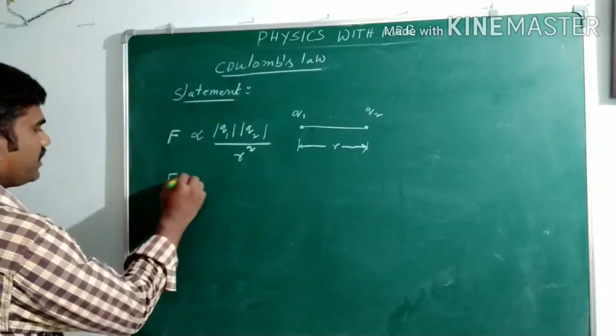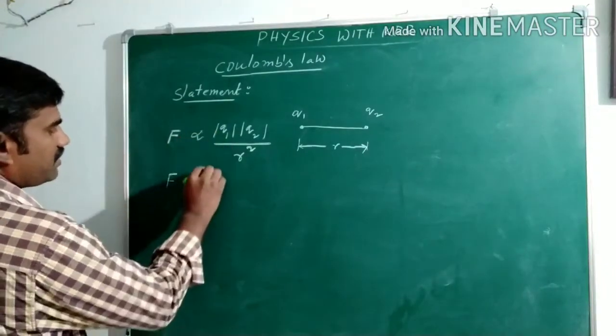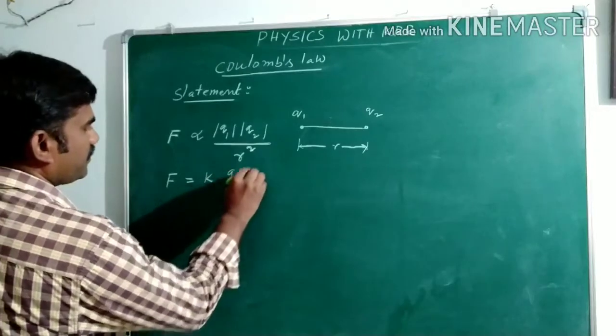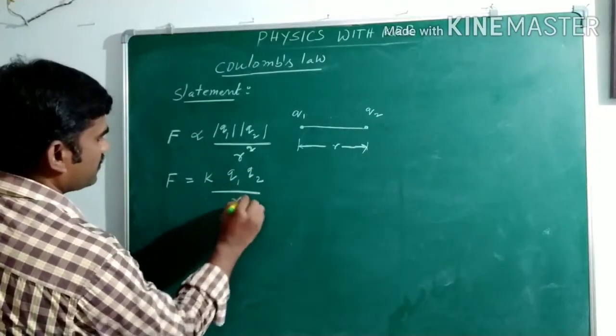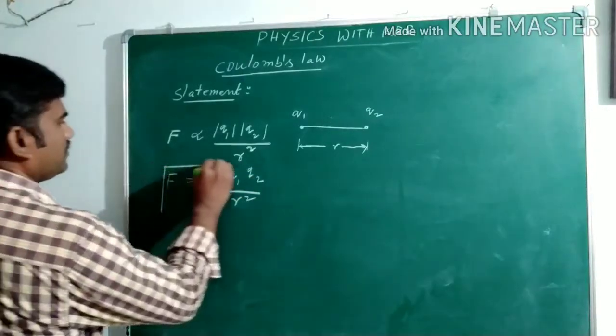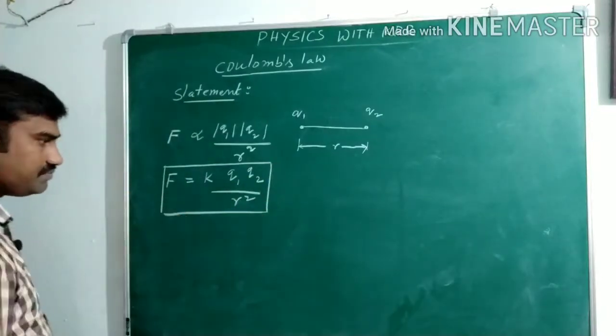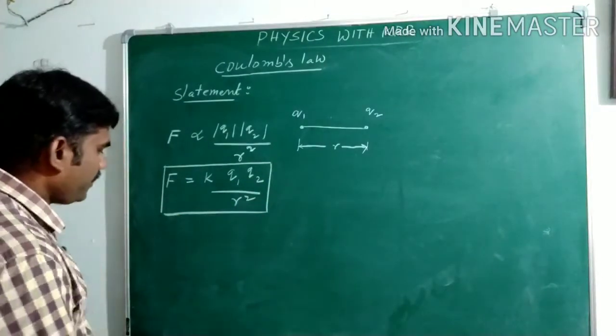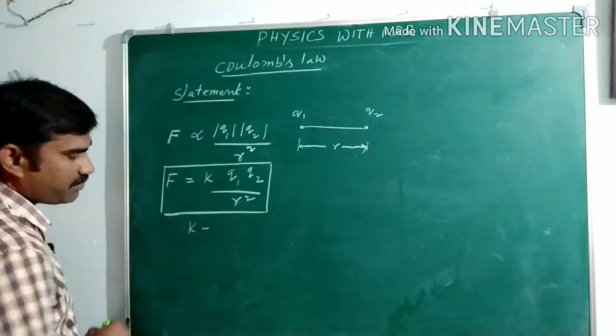Now from this we can write F is equal to some proportionality constant K into Q1 Q2 by R square. Now here the K is called proportionality constant.